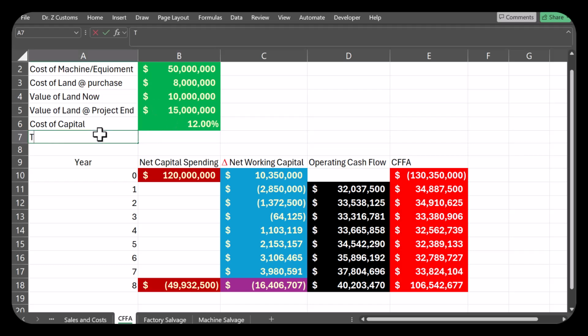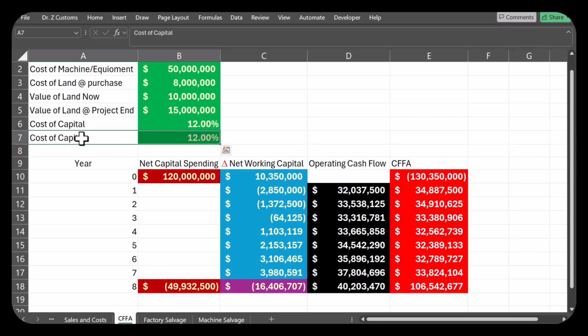Let's call this significance, since we're gonna be fancy about it. Let's put that at 10%. But first, let's calculate NPV.